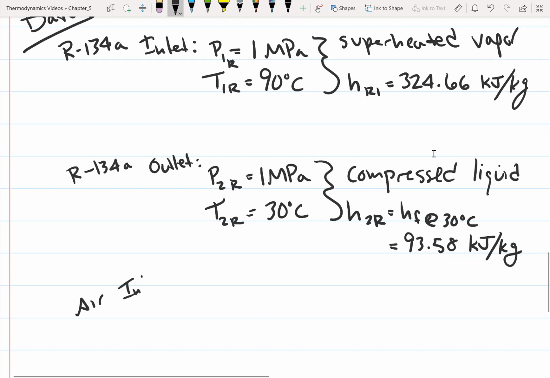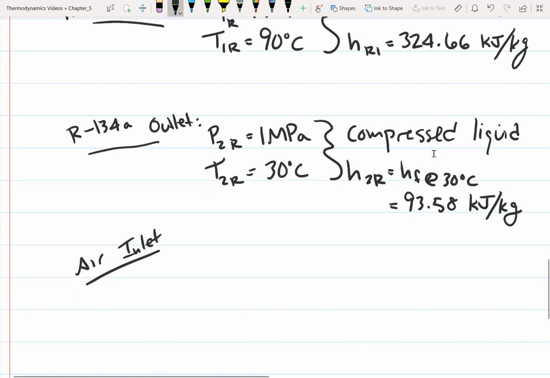All right, now let's do the air. Well, I'll write down the data for the air inlet and outlet, even though I'm using a specific heat. But anyway, the air inlet, so we have P1A is equal to 100. And actually, we don't even need the pressures to look things up on the air table. We just need the temperature. So T1A is equal to 300 Kelvin. This was 27 degrees Celsius.